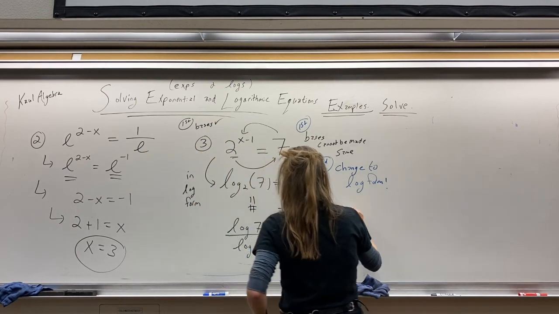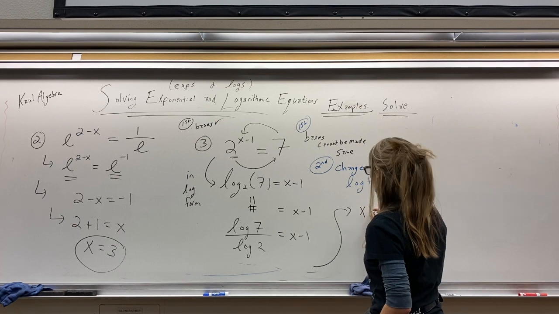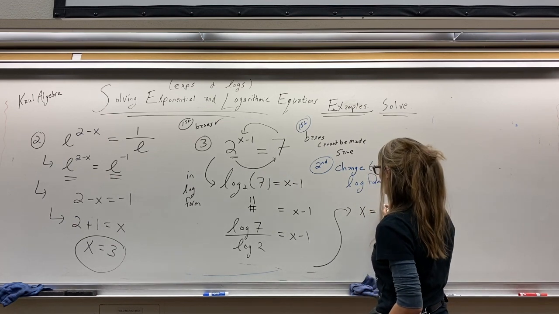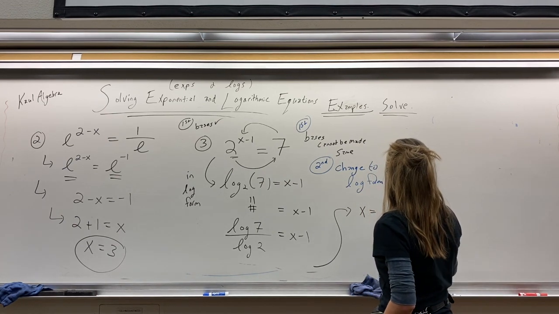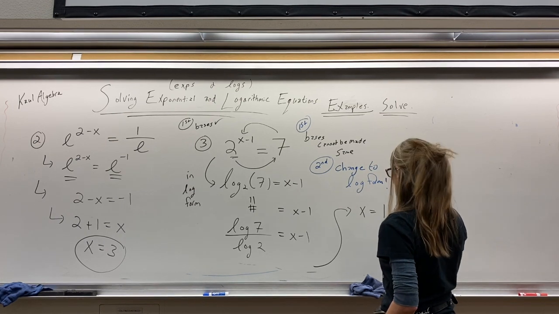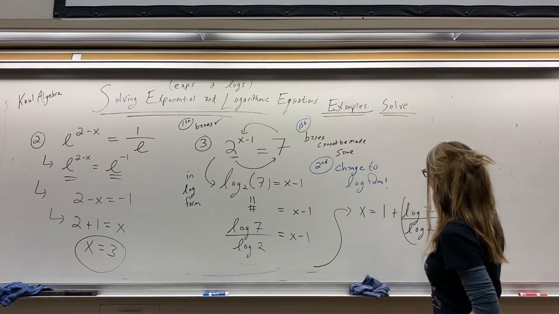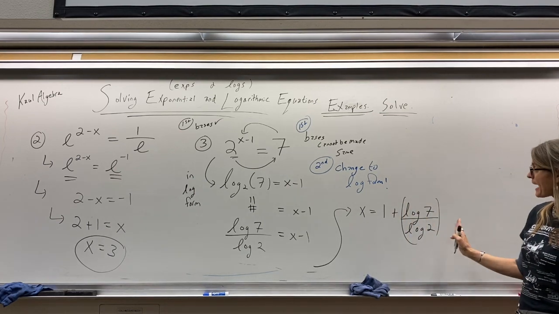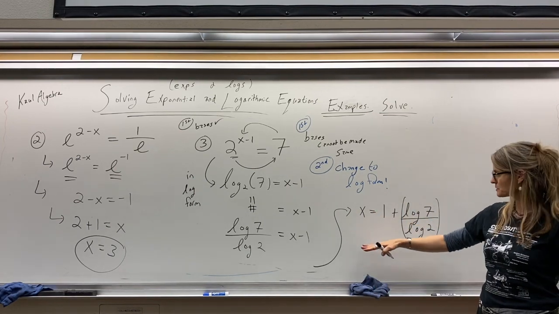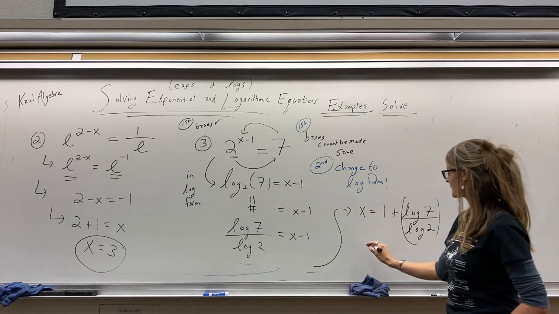And basically, my value of x will be 1 plus whatever log base 10 of 7 divided by log base 10 of 2 is. Now that is an exact answer, so that's perfectly acceptable to leave it like that.